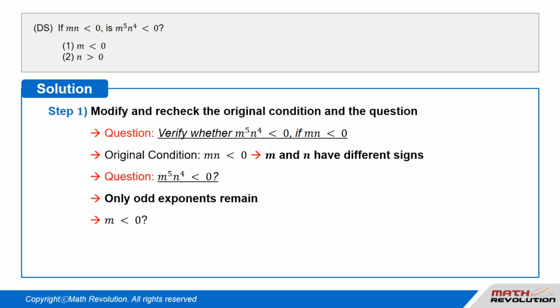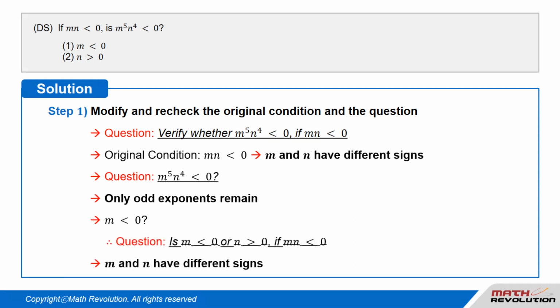Also, whether m to the power of 5 times n to the power of 4 is less than 0 can be rewritten as whether m is less than 0, since only the odd exponents remain. Thus, we are asked when m is less than 0 or n is greater than 0, since m times n is less than 0 means that m and n have different signs.